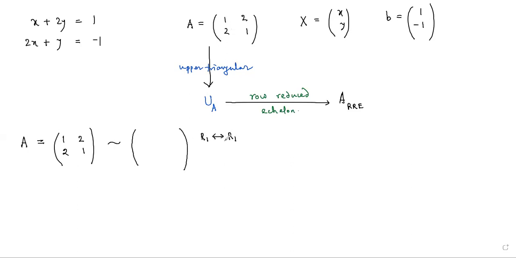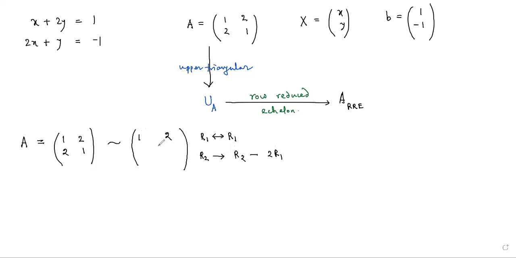I'm not changing the first row. So R1, the row 1, will remain fixed. The second row will be changed with respect to the first row. So I am going to subtract twice the first row from the second row. So this is my operation, R2 minus 2 R1.